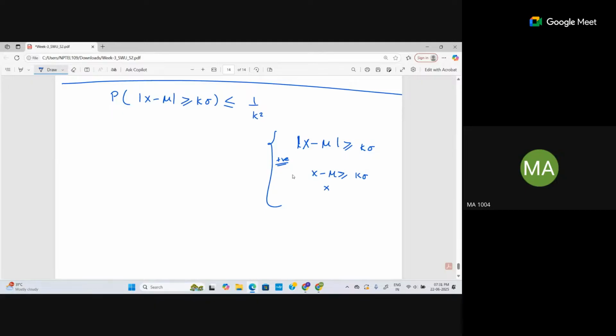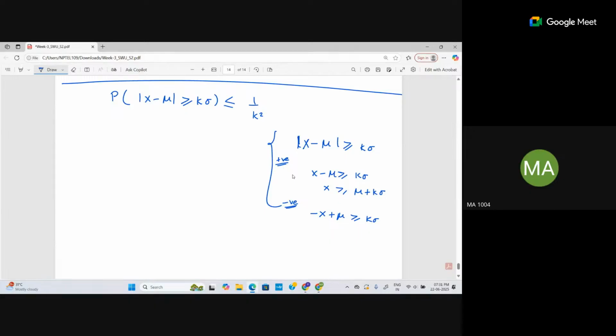So it will be x is greater than mu plus k sigma. And then if we take the negative case, it will be minus x plus mu greater than or equal to k sigma.